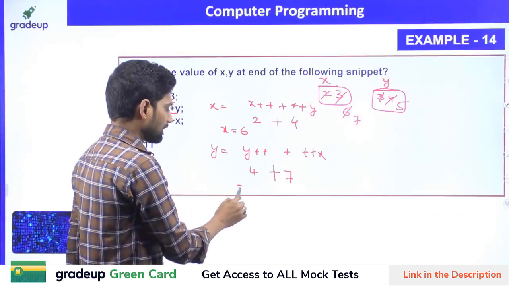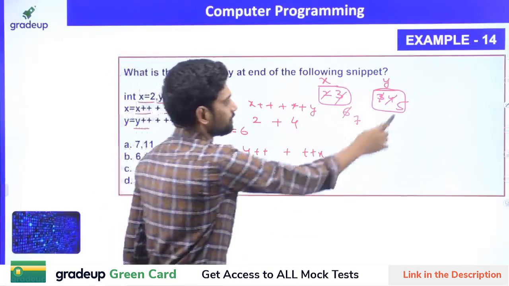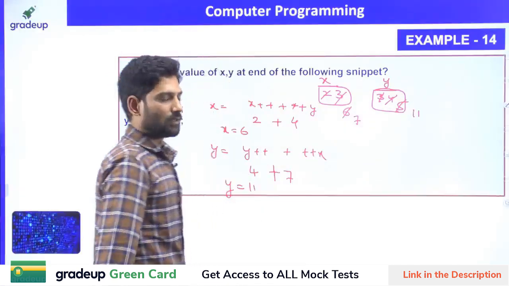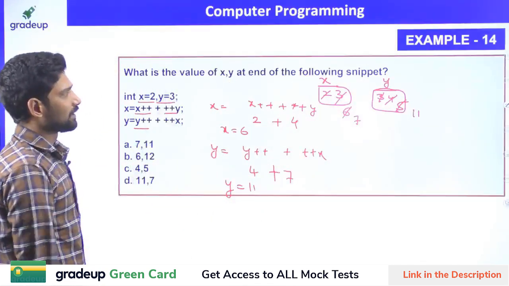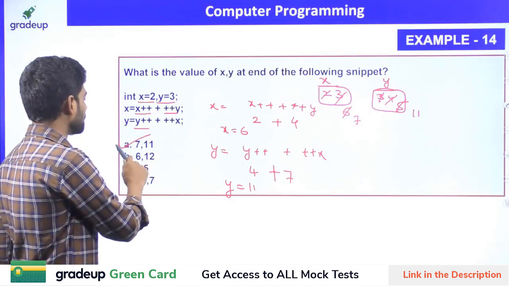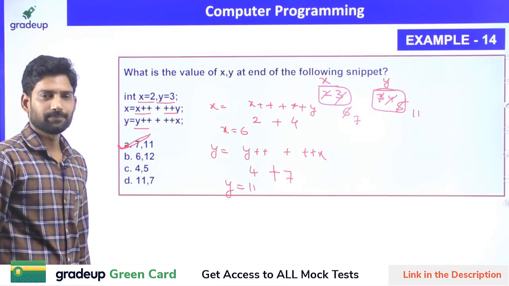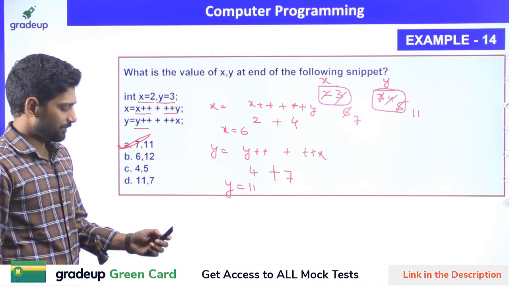So 4 plus 7, that is 11, assigned to y. So now what are the x and y values at the end of this snippet? 7, 11. Okay. Next question.